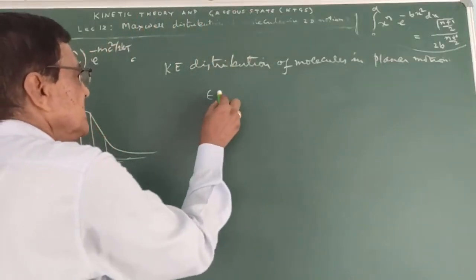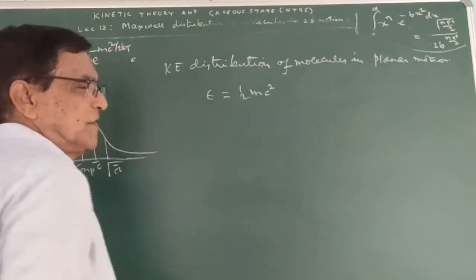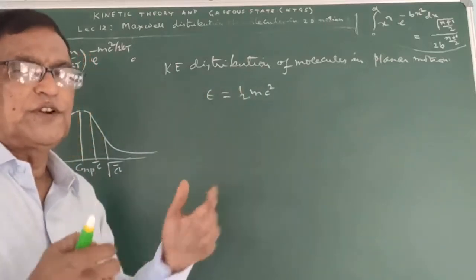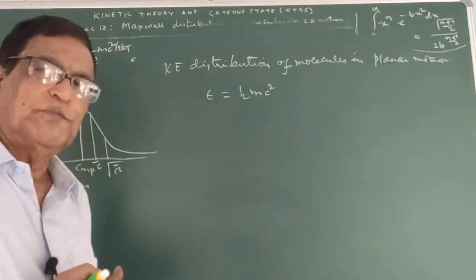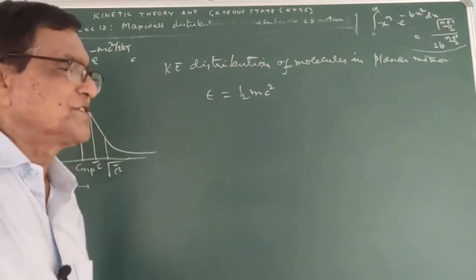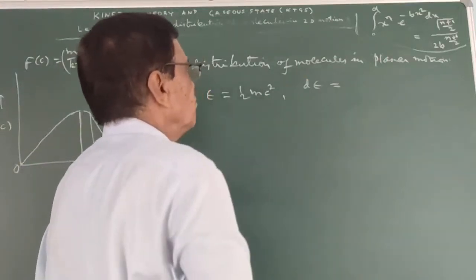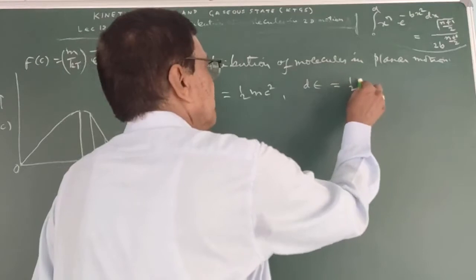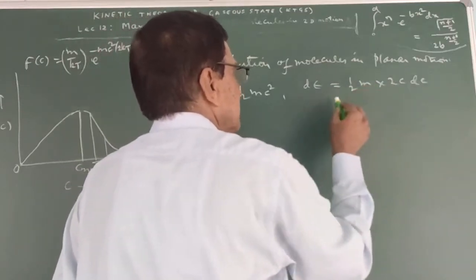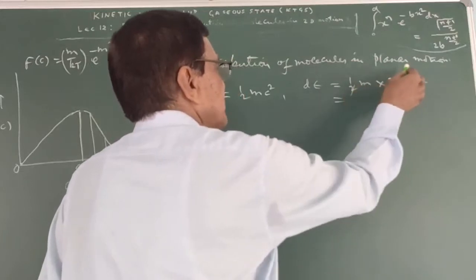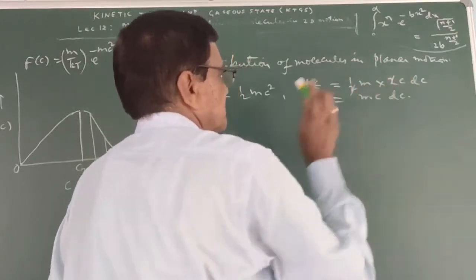Epsilon, the kinetic energy of a molecule, equals half m c square. This is the kinetic energy of the molecule, c the speed of the molecule and m the molecular mass. So d epsilon equals half m into twice c dc. The 2 cancels, so m c dc.